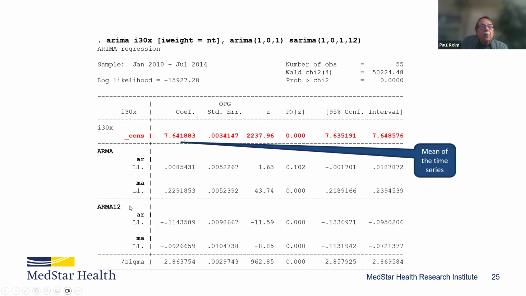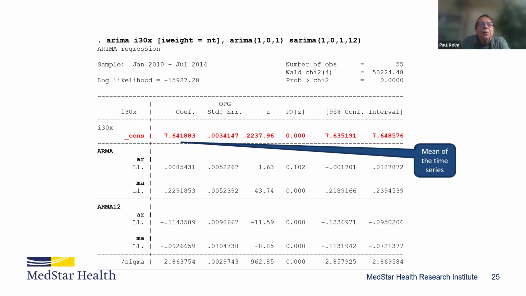And then we also look at our 12-month cycle here and see that our autoregressive part is statistically significant, but so is the moving average part. And so you're going to ask, how do we know which one is correct here?